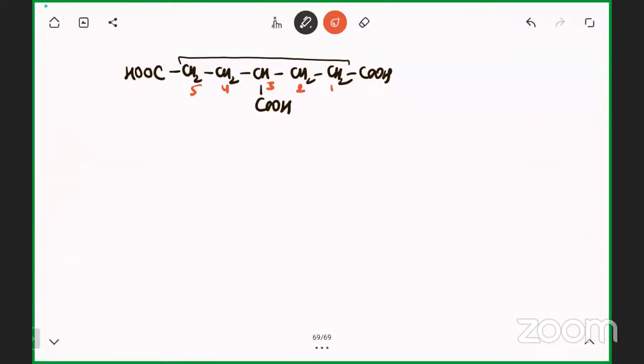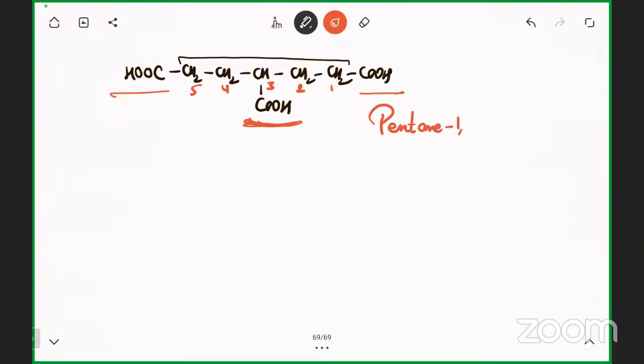You don't need to take the carbon of any functional group. If you take this one, it means you're giving priority to this carboxylic group. So you'll not count the carbon of any of the functional groups. The 5 carbon is present in the main chain. So for 5 carbon, we use pentane.